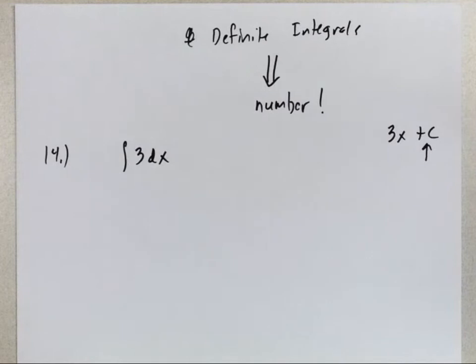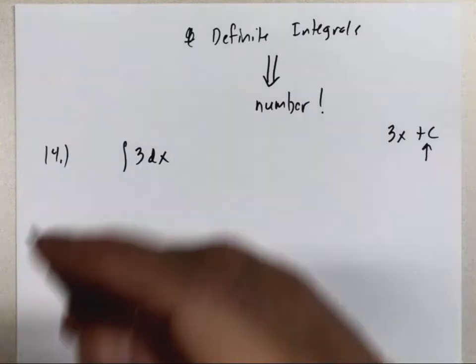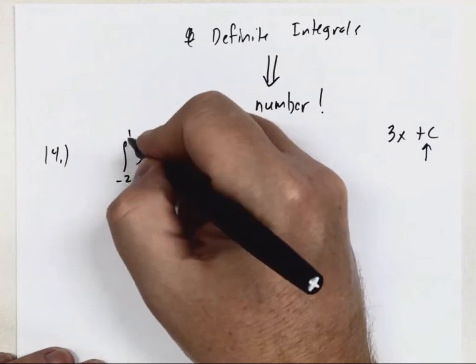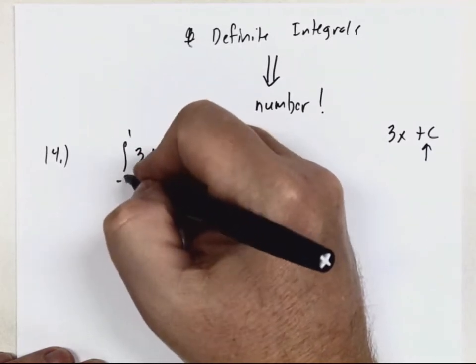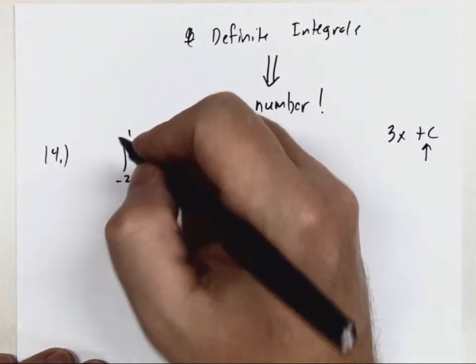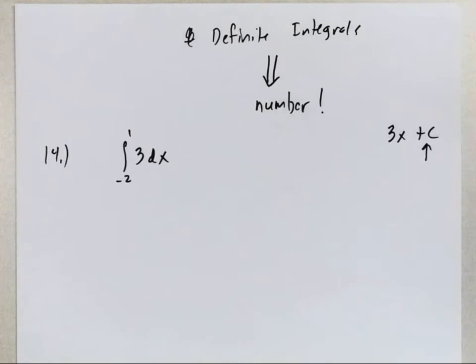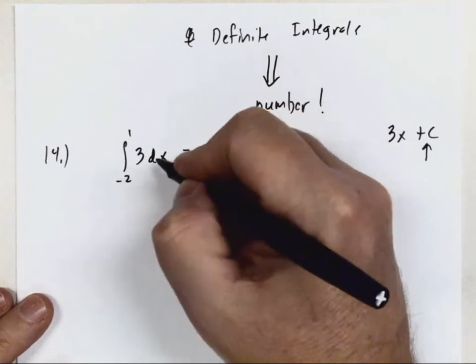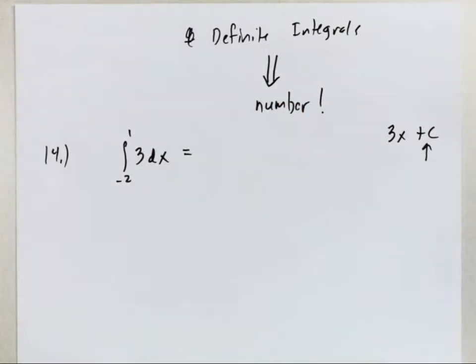So how do you tell if we're taking a definite integral? It's very easy. They stick these numbers at the bottom and top of our integral sign. That means it's a definite integral. So what you do is you go ahead and you integrate like normal.